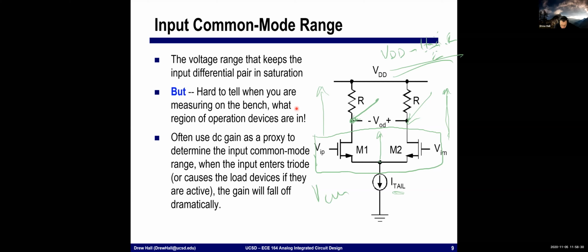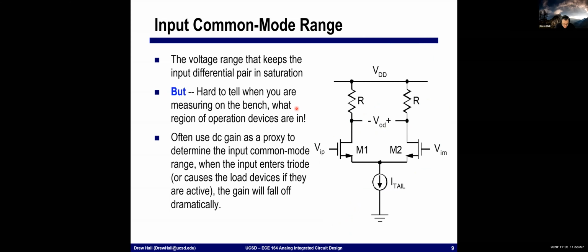Same thing if I was to take the common mode down. You know, I'm showing this as an ideal current source. More realistically, we would probably implement this with a transistor. I would essentially get to the point where I started squeezing the drain voltage of this tail source, and I would take the tail node out of saturation. Okay? So this is what defines the input common mode range for this amplifier.